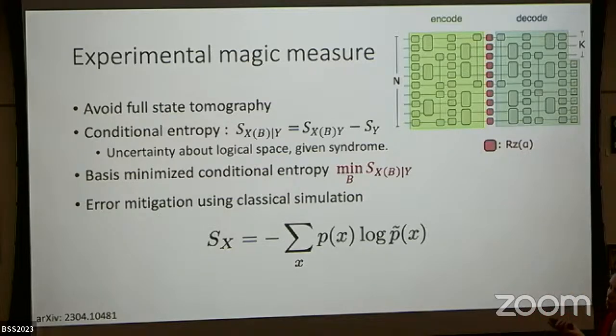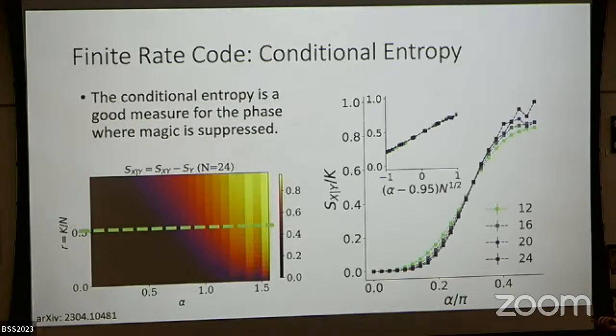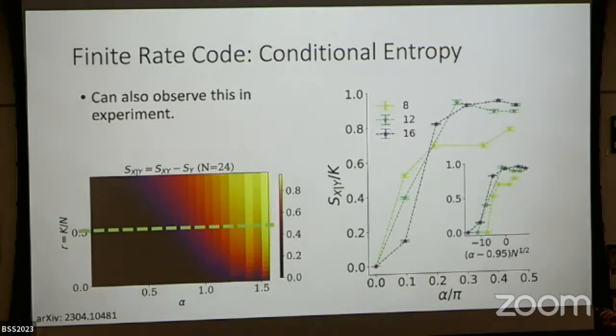The numerics I'm showing so far are 24, and it's a code rate of 1/2, so we have 12 logical qubits and 12 syndrome qubits. Maybe I'll just say that I think that's really one of the big issues with the experiment: just getting enough recurrences of the same syndrome.